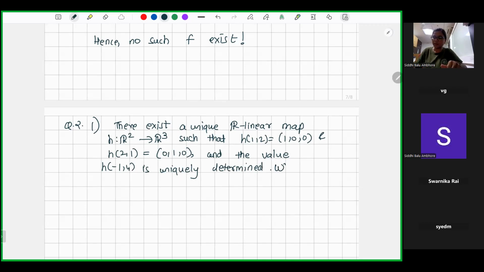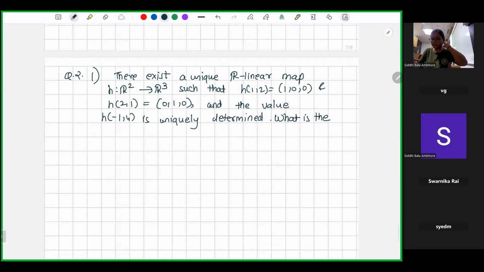Since the map is uniquely defined, of course this will be uniquely defined. What is the value of h of (-1, 4)?